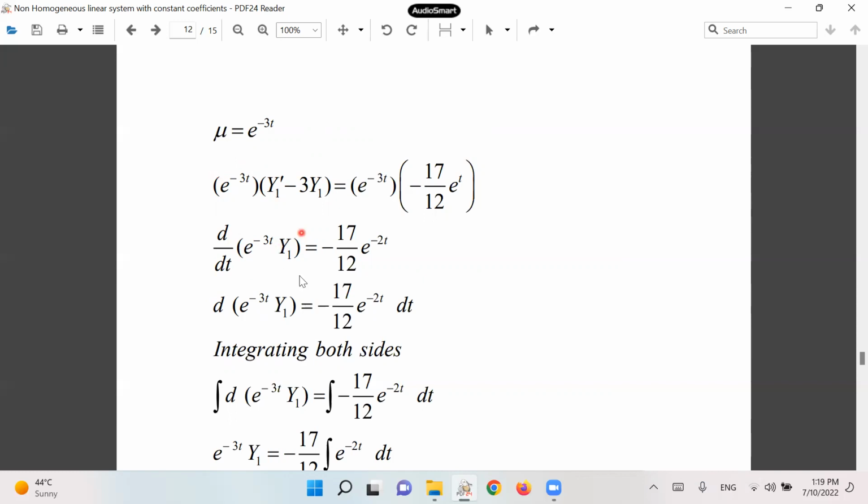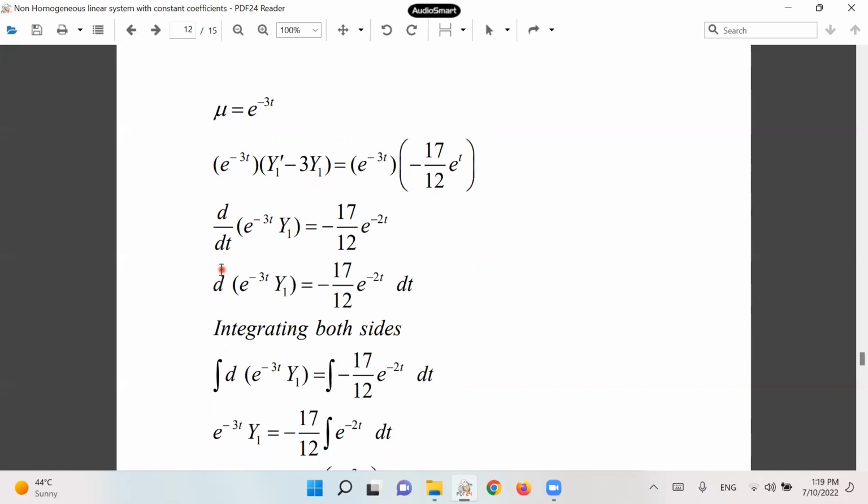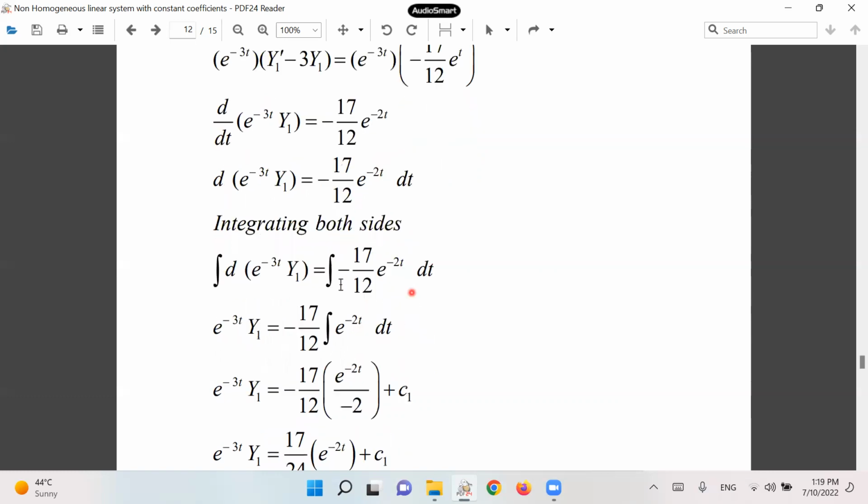Integrating factor multiplied by y1 and write down here d over dt. So when we multiply both sides by dt, on this side also multiply dt. So this dt will cancel out, and we will be left with just d of e power minus 3t y1 equals to minus 17 over 12 e power minus 2t dt.